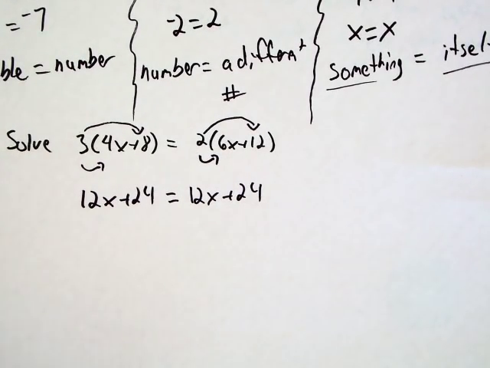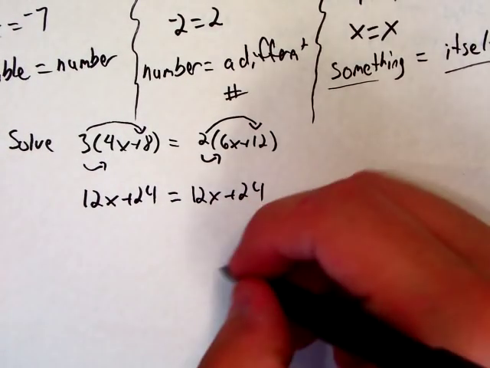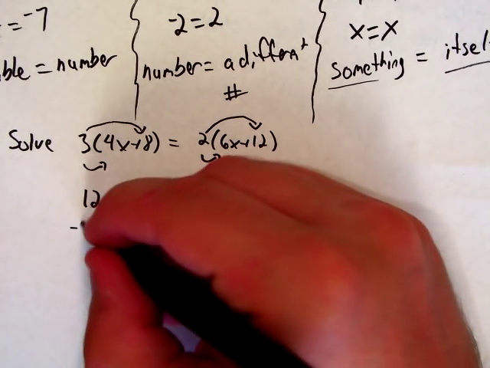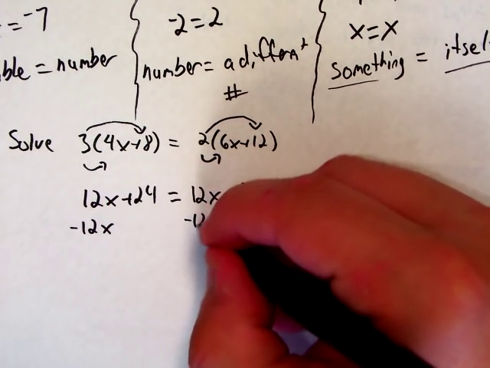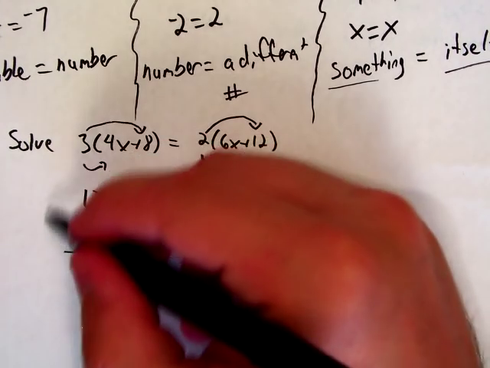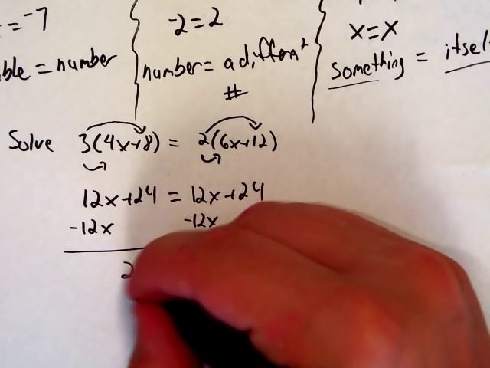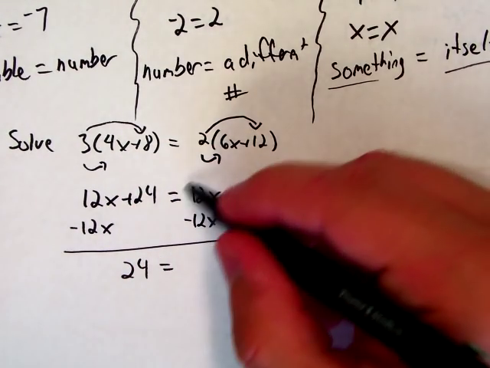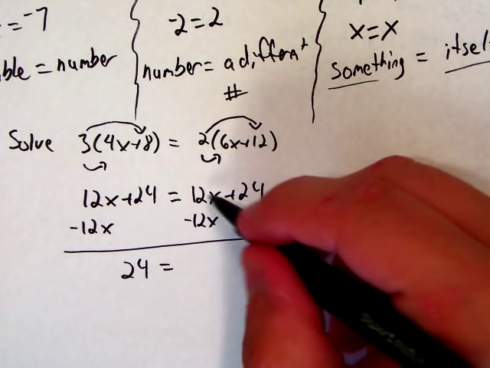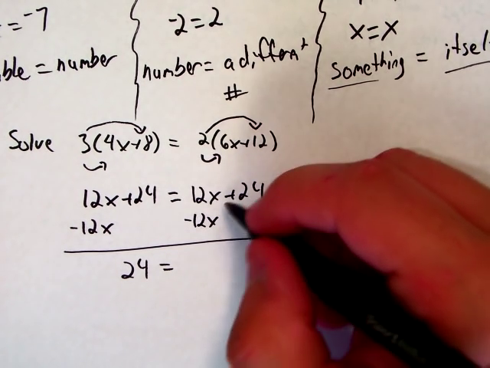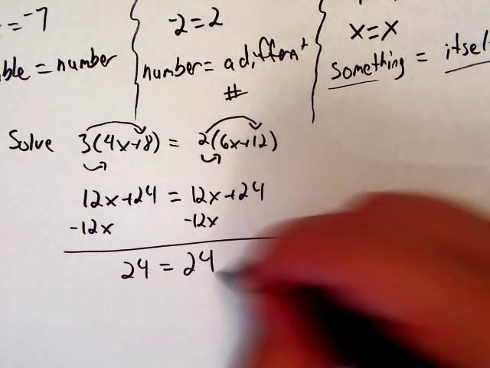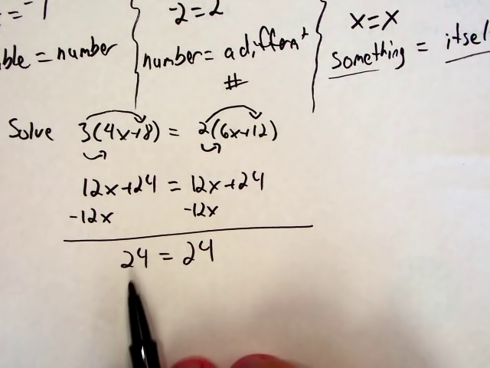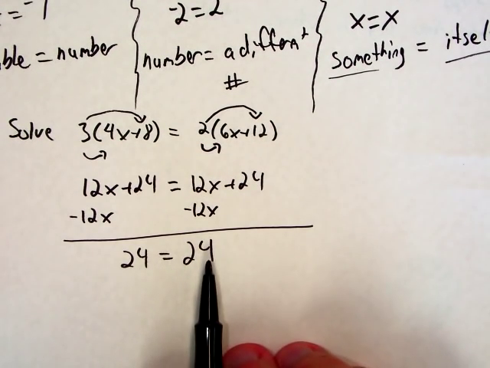But let's go through the process anyway to show why this works. So I'm going to subtract 12x from both sides to get rid of this 12x over here. I'm left with 24. I now have 12x minus 12x, which again is a 0 pair. So I'm left with just 24 again. Again, something equals itself.